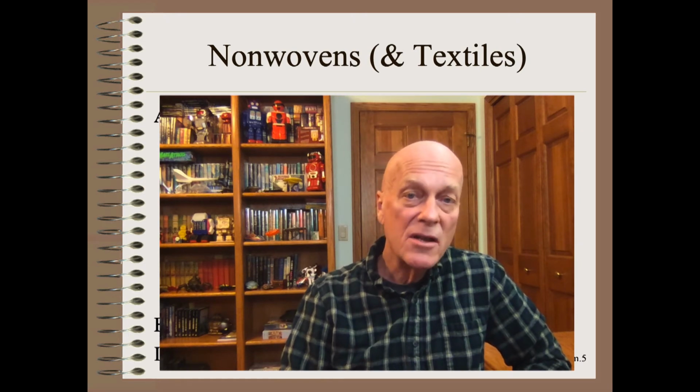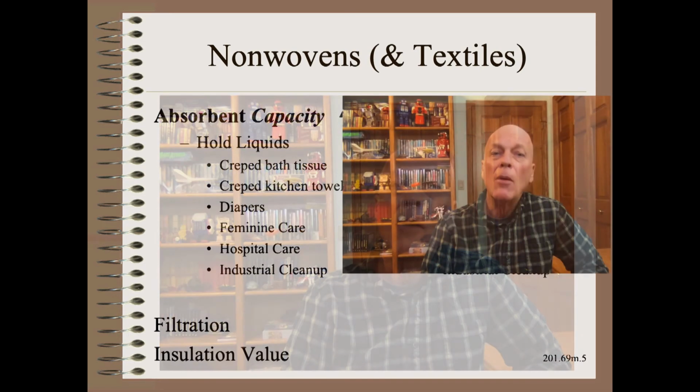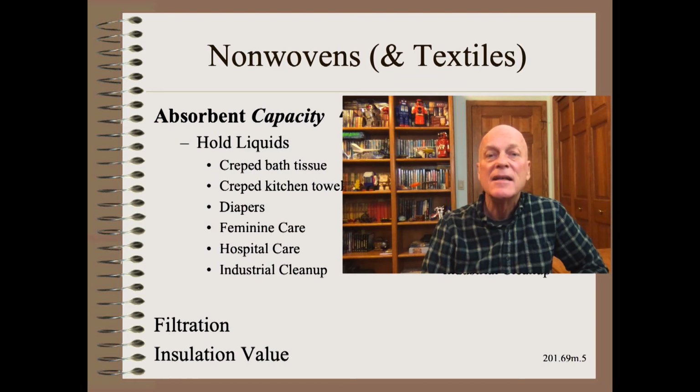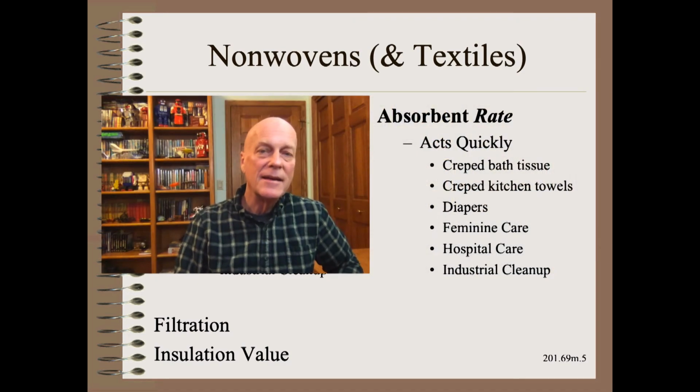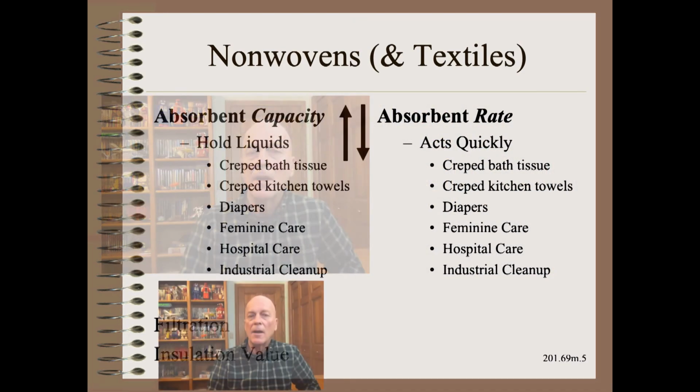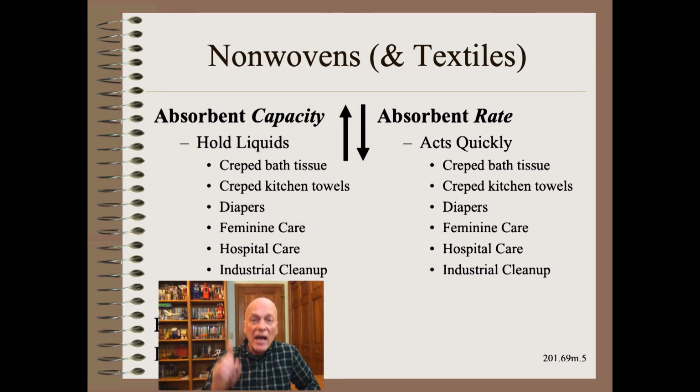For most consumer industrial products, absorbent capacity is desirable. For nearly the same set of products, absorbent rate is also desirable. Unfortunately, if you increase capacity, you tend to decrease rate.